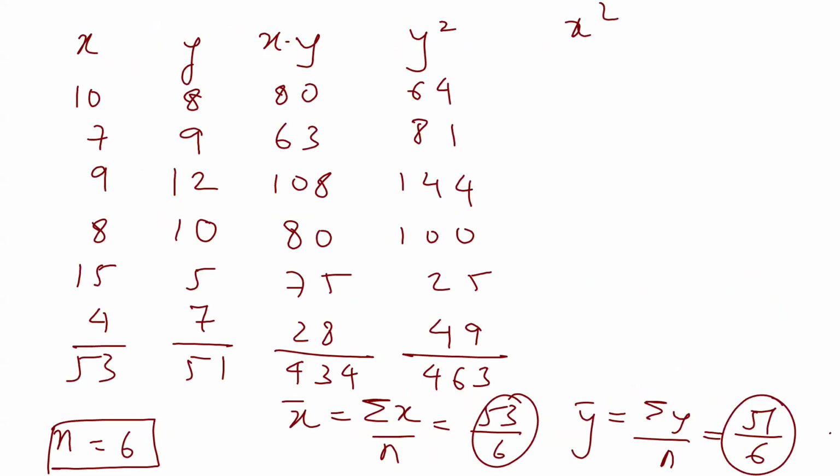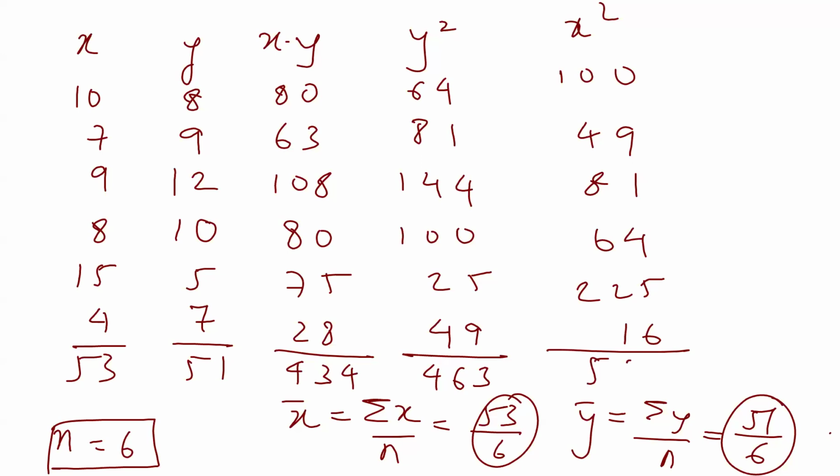Square this particular column: 100 plus 49 plus 81 plus 64 plus 225 plus 16. I'm just going to add these values and check the total.